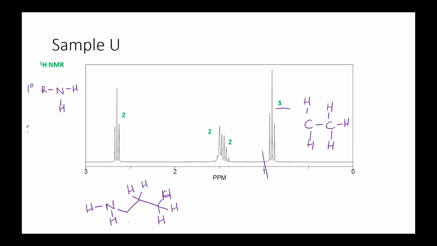And then we can end up with a secondary amine, which has 2 R groups attached, and the nitrogen only has 1 hydrogen. And then we can have tertiary amines, where the nitrogen is attached to 3 different R groups or carbon groups, and we have no protons.